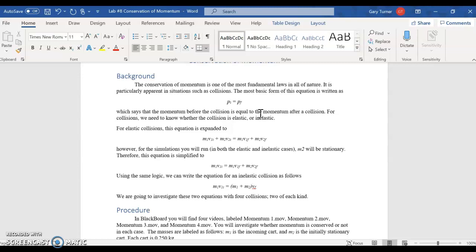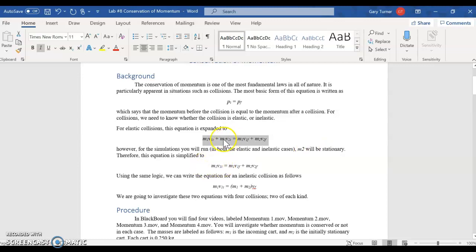In the momentum 3 case, the third video, we call this an inelastic collision because the masses stick together. So in general, M1V1i plus M2V2i equals M1V1f plus M2V2f. That is the specific equation for momentum conservation between two colliding objects.